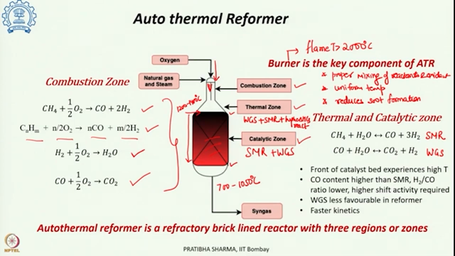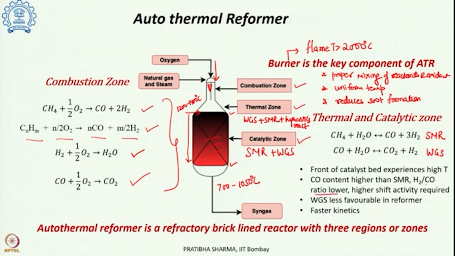At the same time, since there is a combustion reaction occurring in the combustion zone, the carbon monoxide content in the autothermal reformer will be higher than in the steam methane reformer. Since CO content is higher, the H2 by CO ratio will be lower in the autothermal reformer.